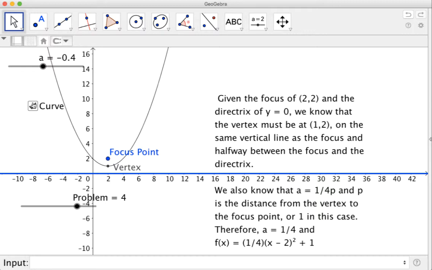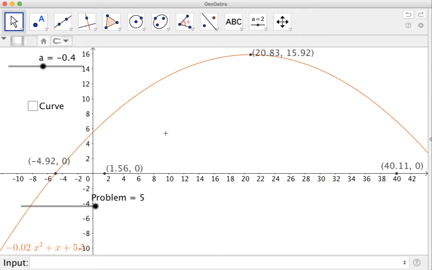Okay, let's take a look now at problem number 5, which was a calculator problem. You were asked to look at the situation where a shot put had a path that was described by the equation f of x is equal to negative 0.24 x squared plus x plus 5.5.